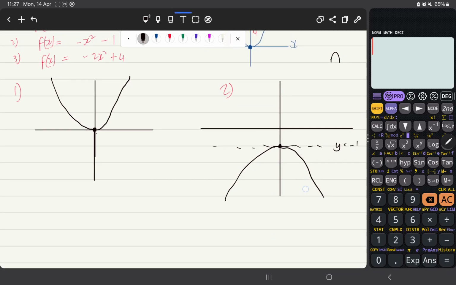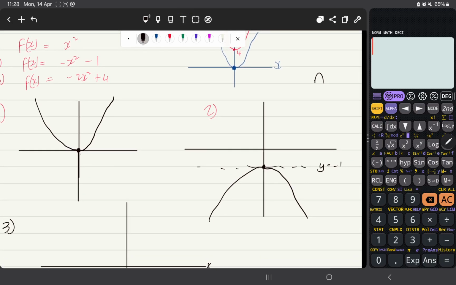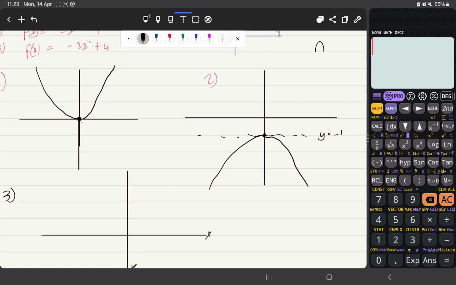Talking about the third one, it is quite interesting as well. Probably might need more space. This is x, y. So this one is negative, right? But the thing is, it shifted 4 units upwards. So we go 1, 2, 3, 4.